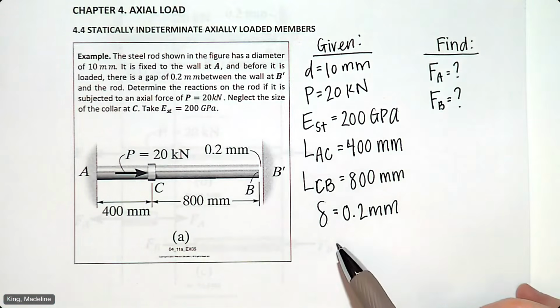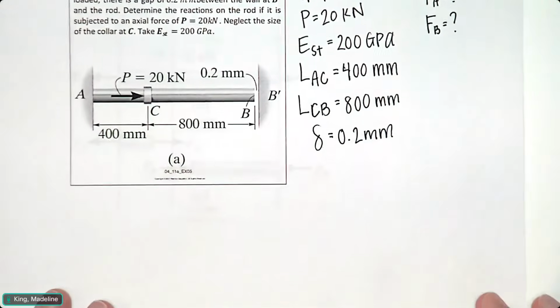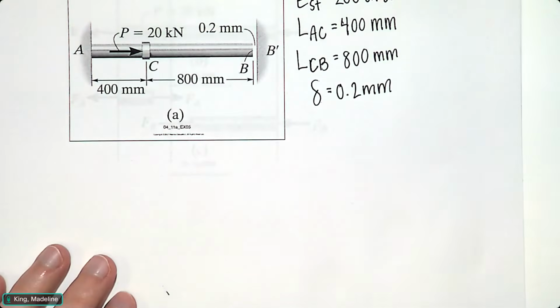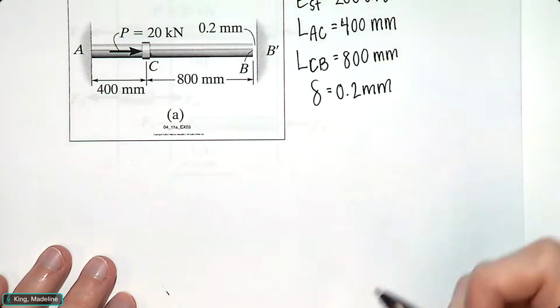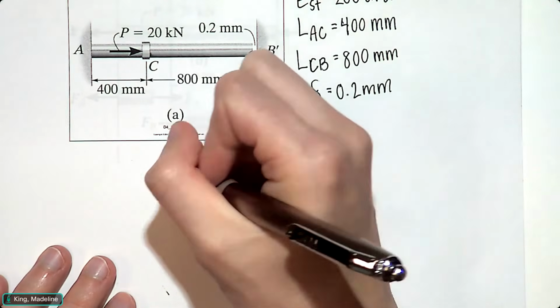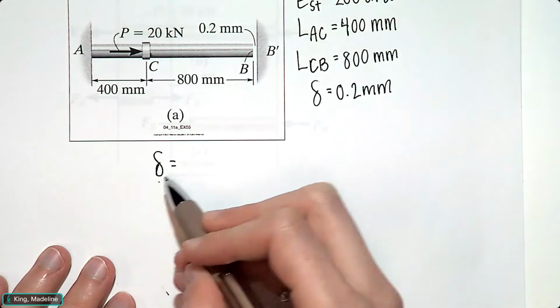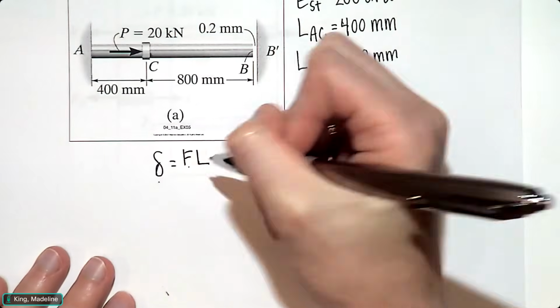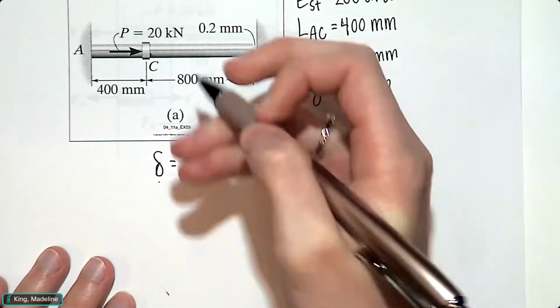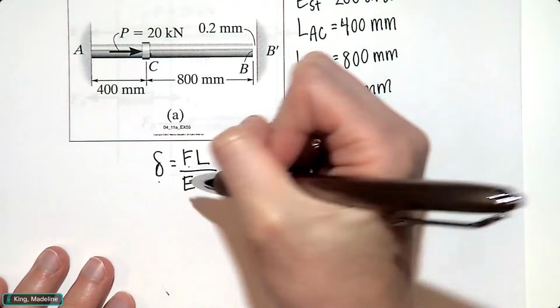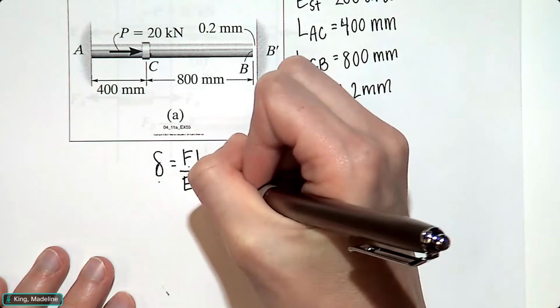So to go over why our displacement is going to be 0.2 millimeters, well, if there wasn't a wall there, I want to show you guys something. So you guys have been working with this equation. Displacement is equal to a force times the length over Young's modulus, which is E, times the area.